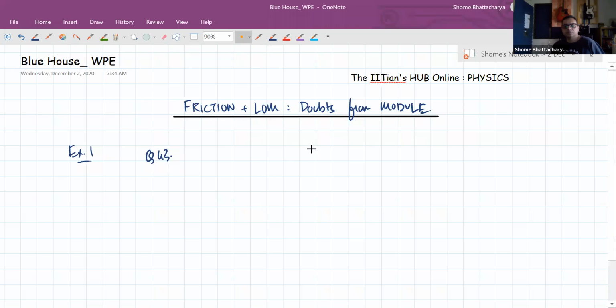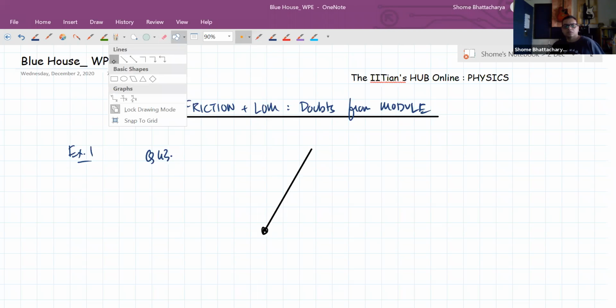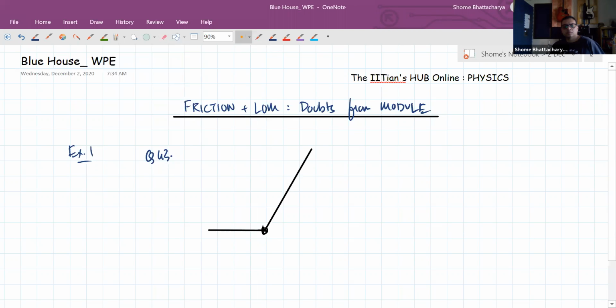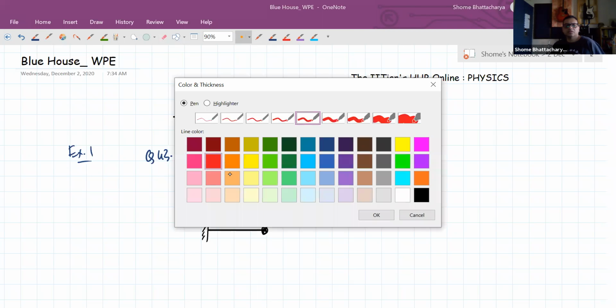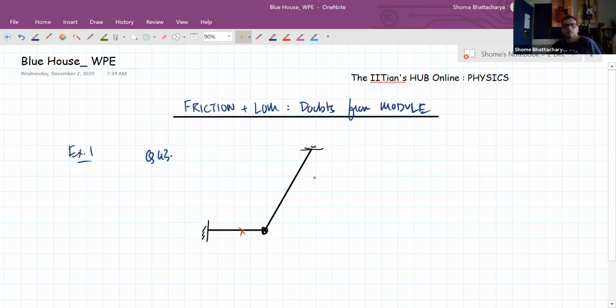We have this situation to begin with, that we have a pendulum-like object which is initially at equilibrium like this, and in the next situation you cut this thread, and then it comes to this position here, and you have to compare the tension in the thread when it's at this position versus this position.